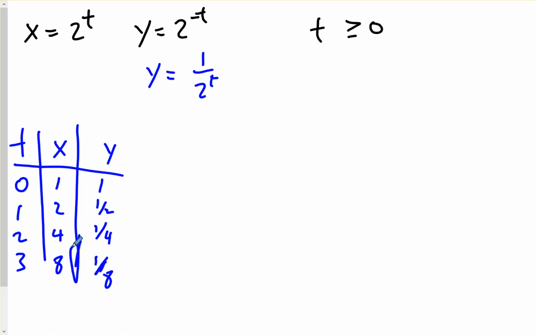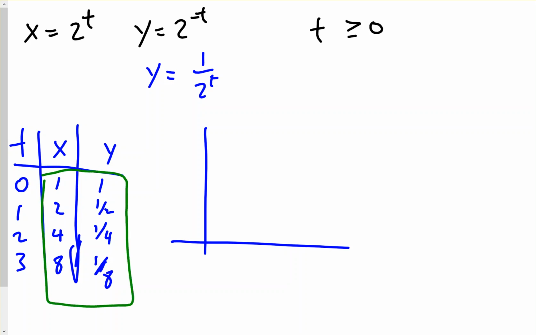Okay, so when we go to graph this, again, keep in mind you're graphing these. So for t equals 0, the point is 1, 1. 2, 1/2 would be here. 4, 1/4 would be here. 8, 1/8 would be here.